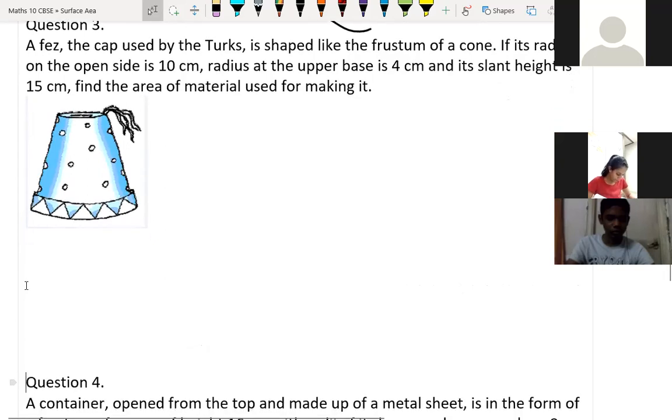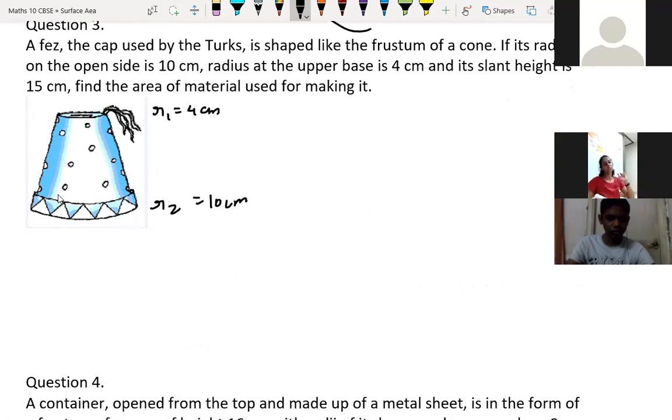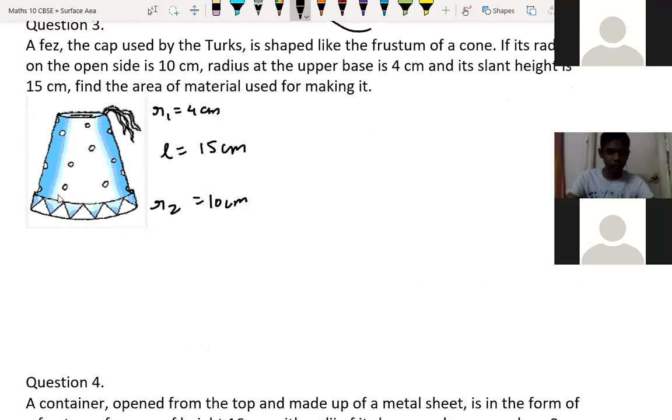If its radius on the open side is 10 and radius of the upper base is 4, right, here r1 is equal to 4 centimeter and down r2 is equal to 10 centimeter. And slant height, that is L, is 15 centimeter. So find the area of material used for making it.